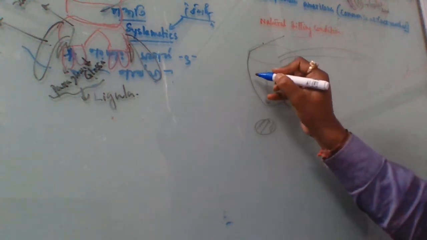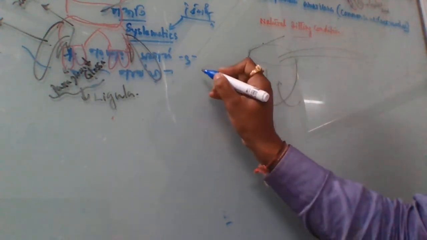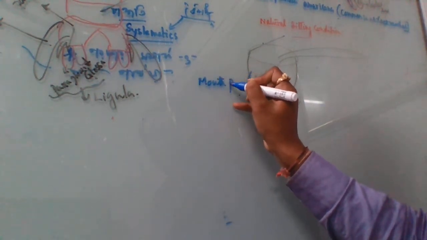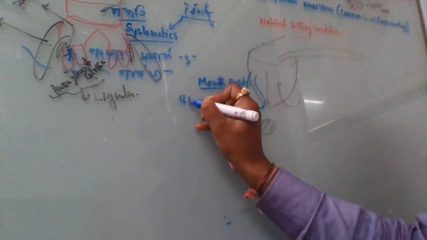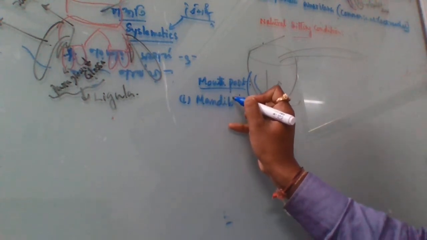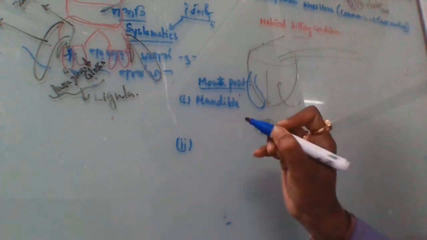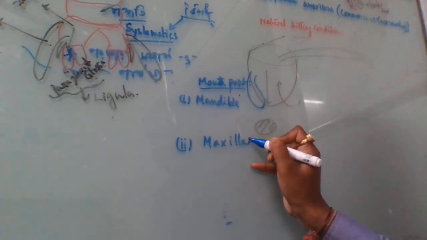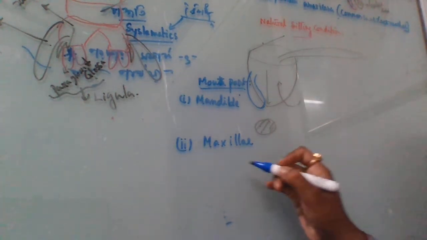When they find some food, they first take the help of the mouth parts as follows. First they need a mandible. If you write down the names of the mouth parts, first you discuss the mandible, then the maxilla, the second mouth part.